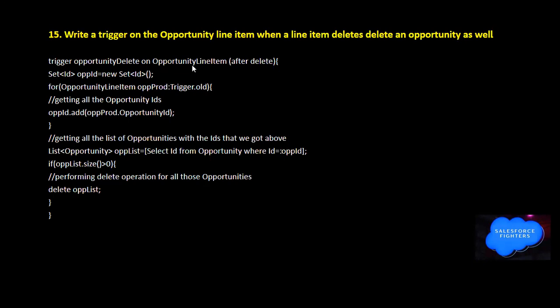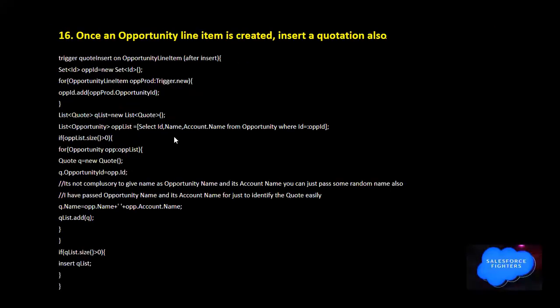Trigger on opportunity line items, after delete. Create a set of IDs for opportunity line items from Trigger.old, getting all the opportunity IDs. Add them to the opportunity ID set, get the list of opportunities with the IDs we got above, select ID from opportunity where ID is in the set, and perform the delete operation for all these opportunities in the list.